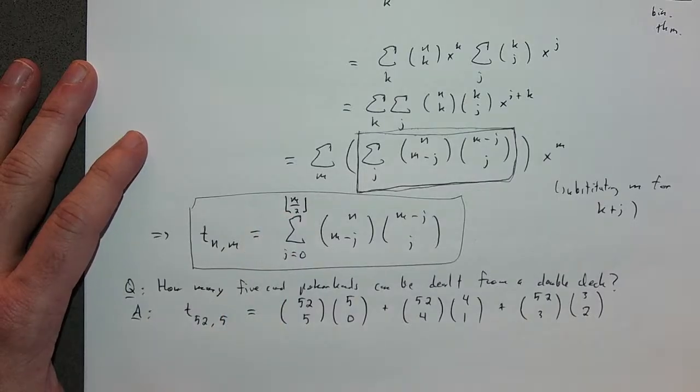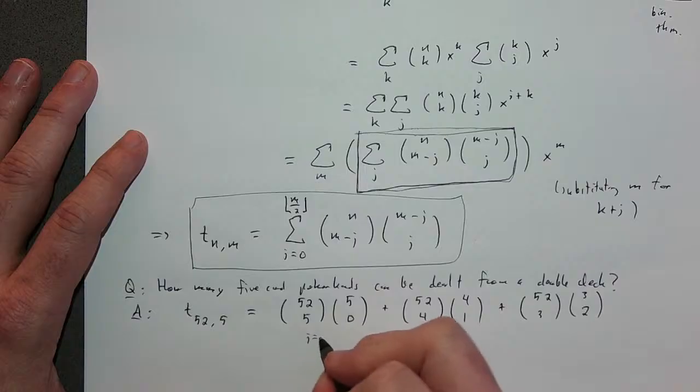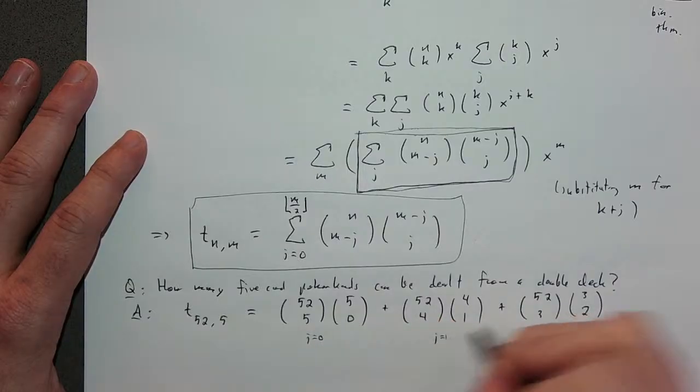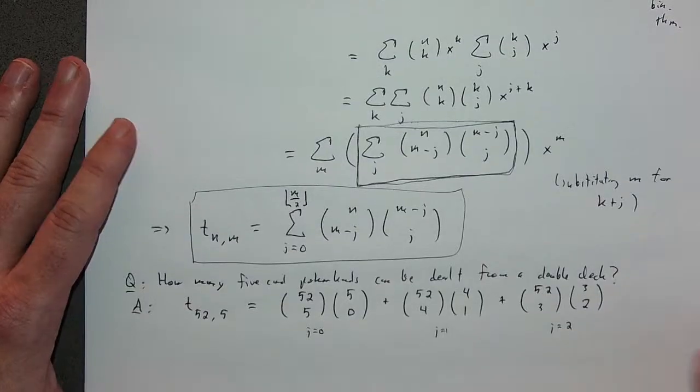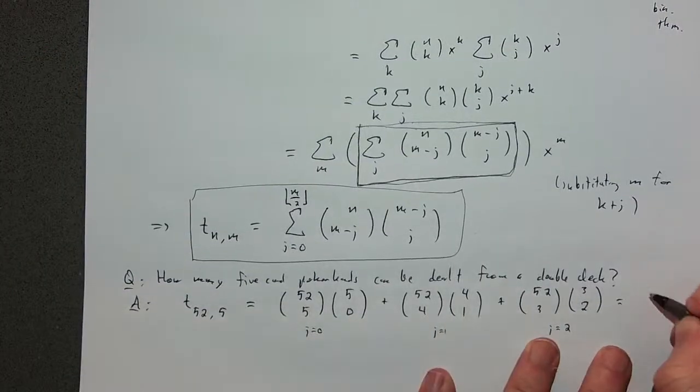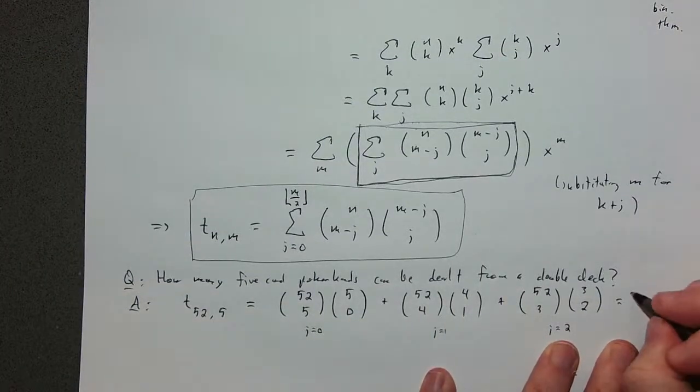Okay, so j equals 2 is the last term. You have the j equals 0 term, the j equals 1 term, and the j equals 2 term, right? Okay, now in total, if you actually compute this, this is 3,748,160.